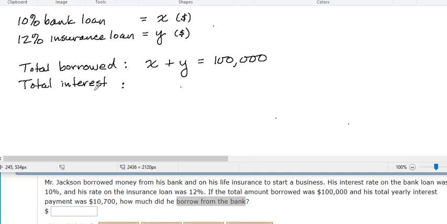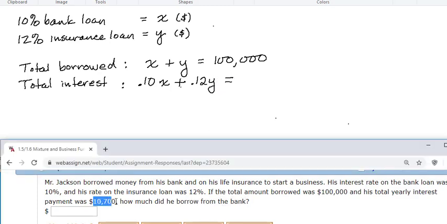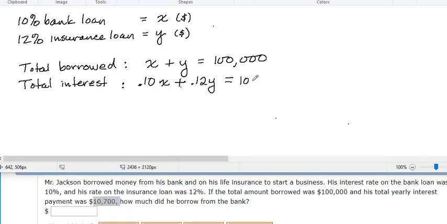And then the interest that I will owe on those loans, I'm going to pay 10% interest on X dollars, plus I'll pay 12% interest on Y dollars. And I know that that turned out to be 10,700. So now I can form a system of equations.